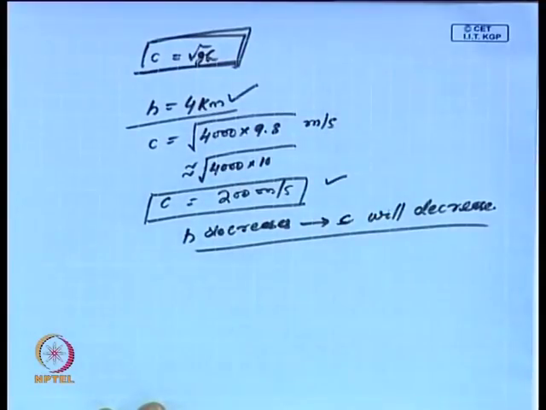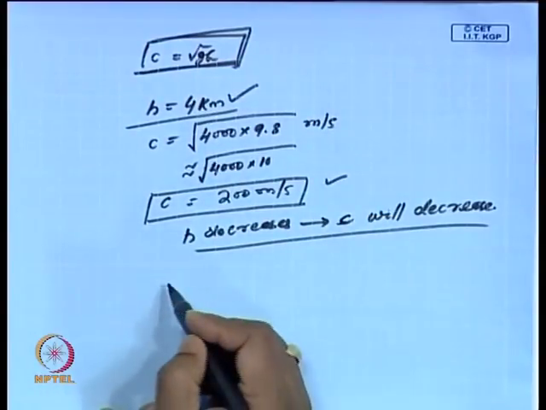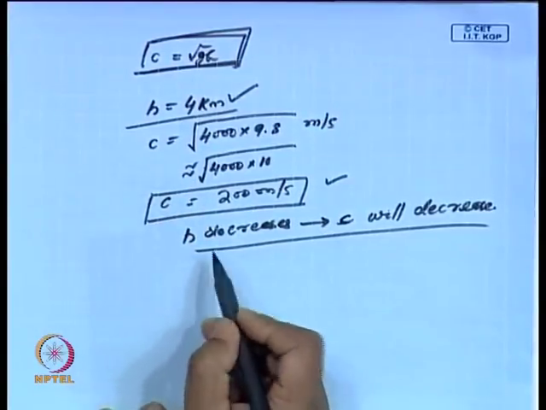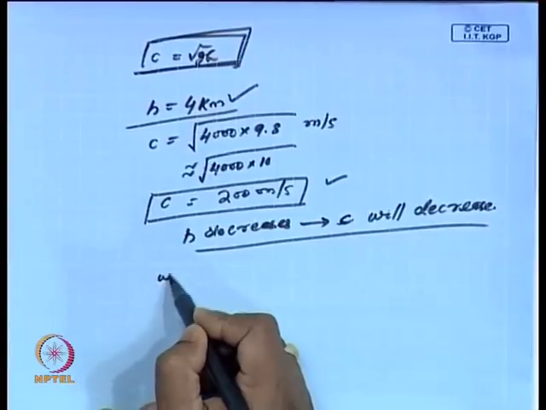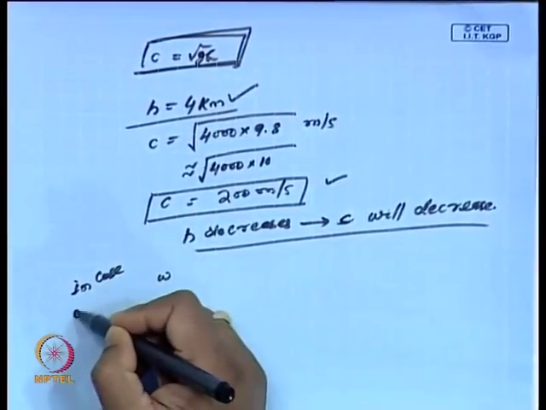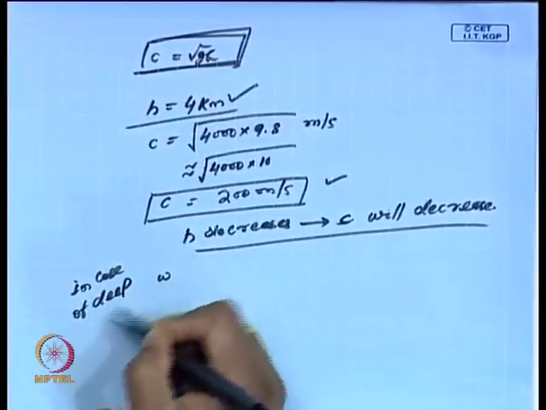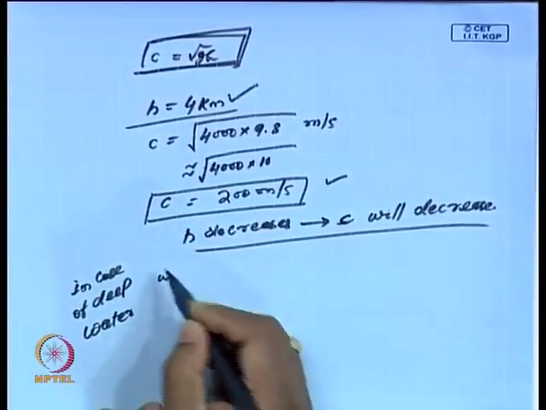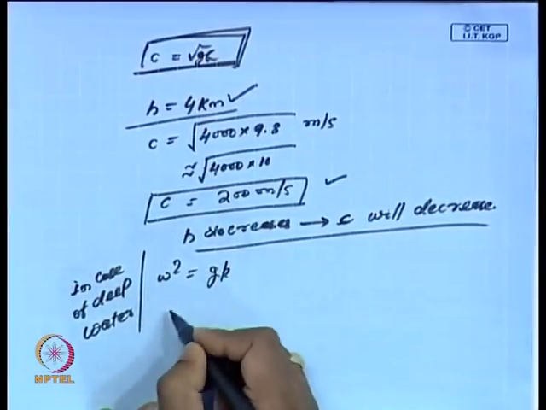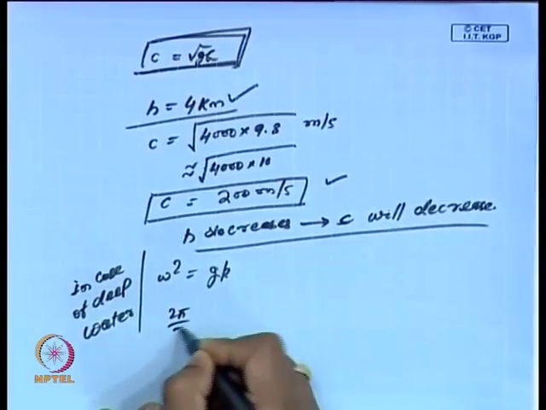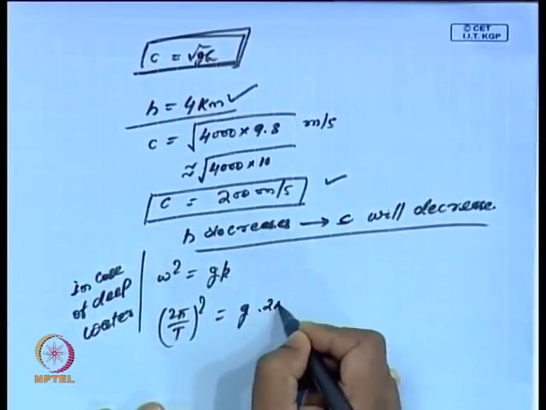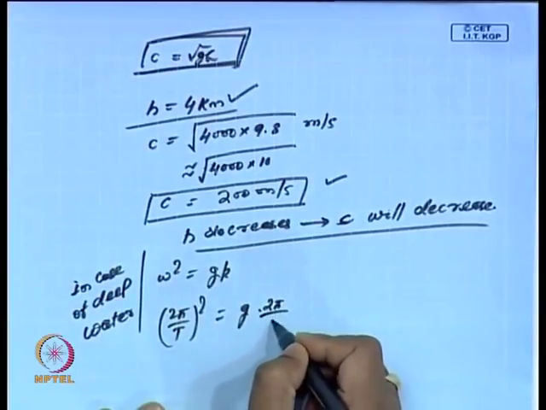Similarly, looking at another aspect, in the case of deep water, omega square becomes g k, where omega is 2 pi by T and k is 2 pi by lambda.